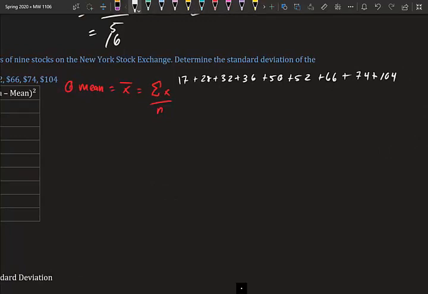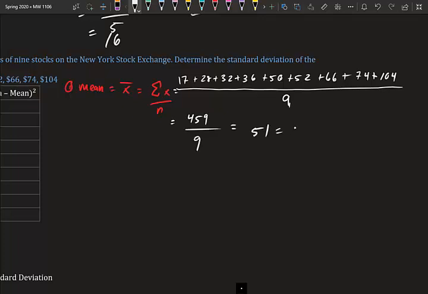All right, and then we divide it by how many numbers we have. We actually have 9 pieces of data. So we add everything up, we get 459 divided by 9, and it is 51. So that is our bar x, that's our mean.